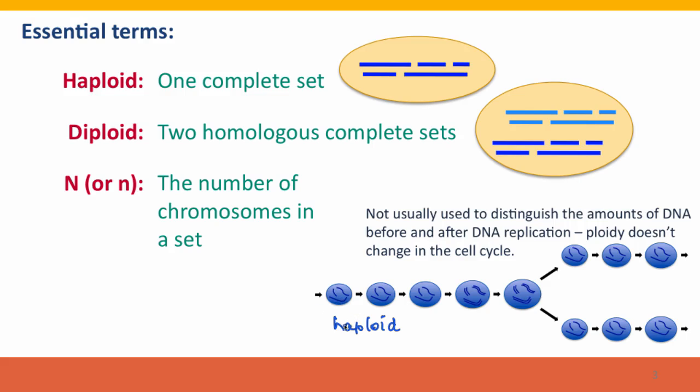It's an odd number, so it couldn't be diploid, and because the 3 chromosomes that I've drawn are all different lengths, this cell is haploid. At this point, it's replicated its DNA, but it's still a haploid cell because these aren't homologous chromosomes, these 2 versions. These are identical copies. And then when the cell divides, the daughter cells are still haploid.